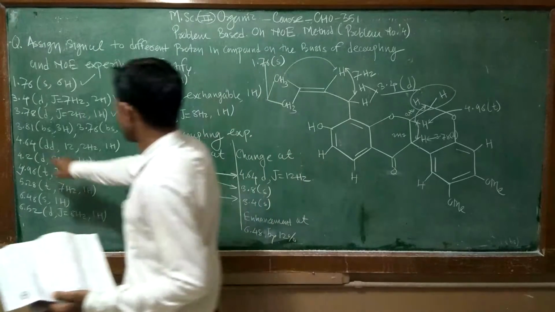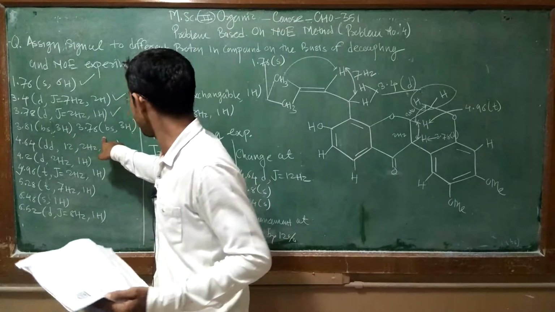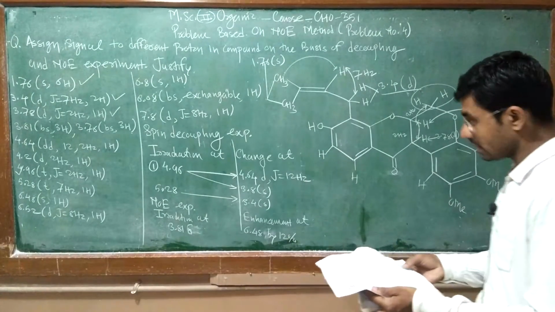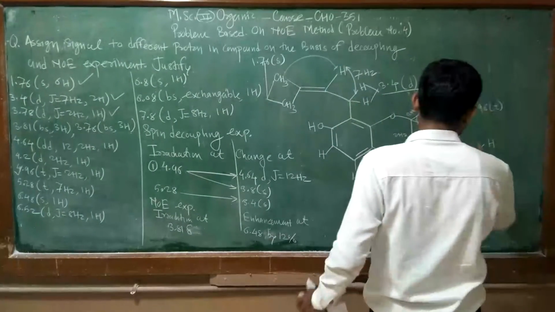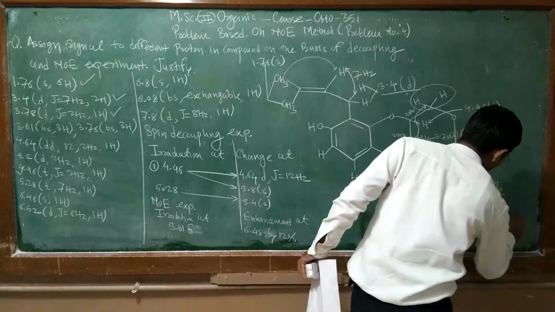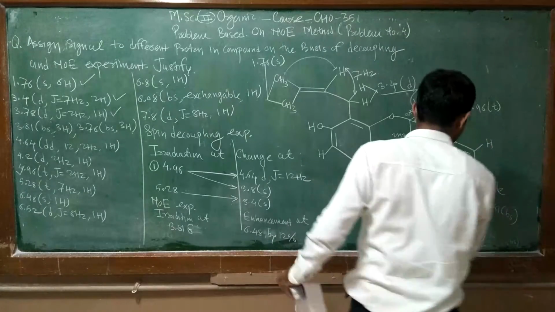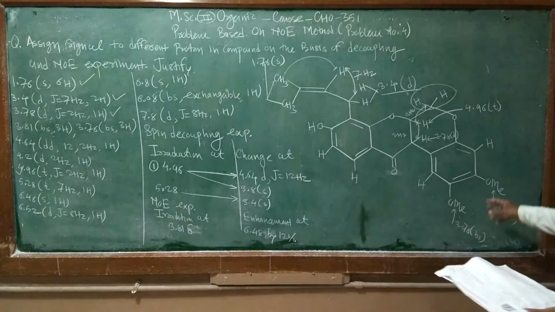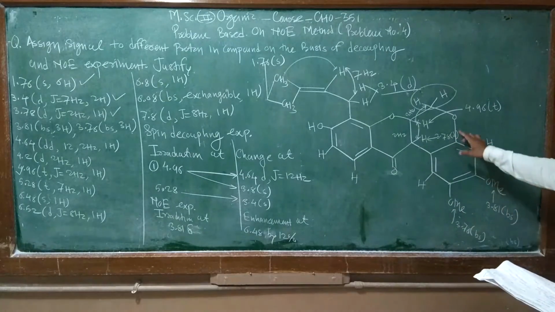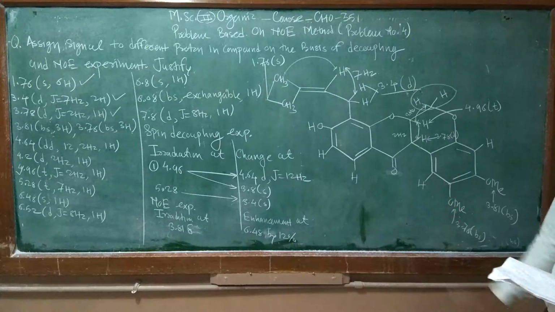Then 3.81 broad signal for 3 protons, then 3.76 broad signal for 3 protons. This is nothing but because of the methoxy groups. Remember that suppose one methoxy group shows the signal 3.81 broad singlet and the other shows 3.76 broad singlet. So if you observe, this methoxy group and this methoxy group are present in nearly the same chemical environment.